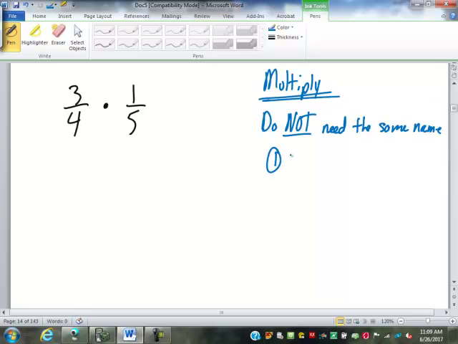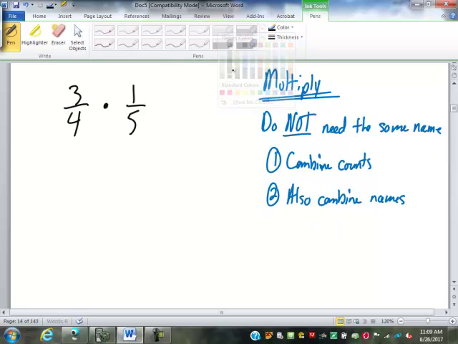You are going to, one, combine the counts, and then you are going to also combine the names.